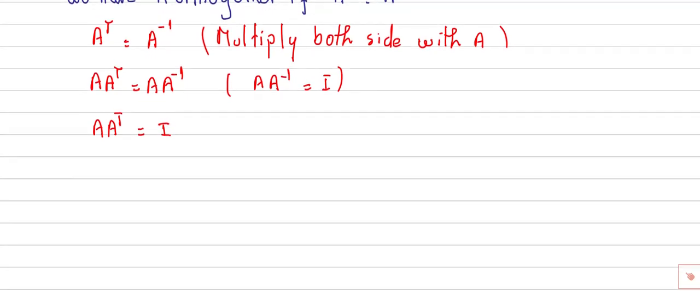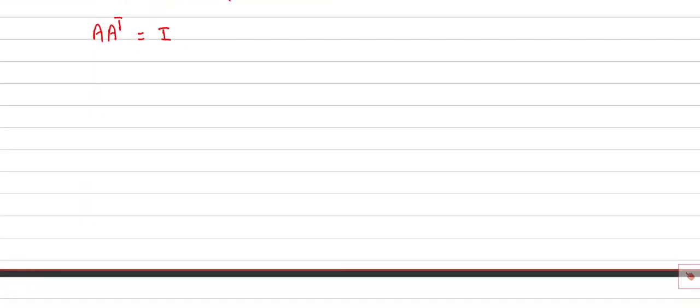I just write A and A transpose is equal to A, which is minus 1, 1, 1, 1; 1, minus 1, 1, 1; 1, 1, minus 1, 1; and the fourth row, 1, 1, 1, minus 1.